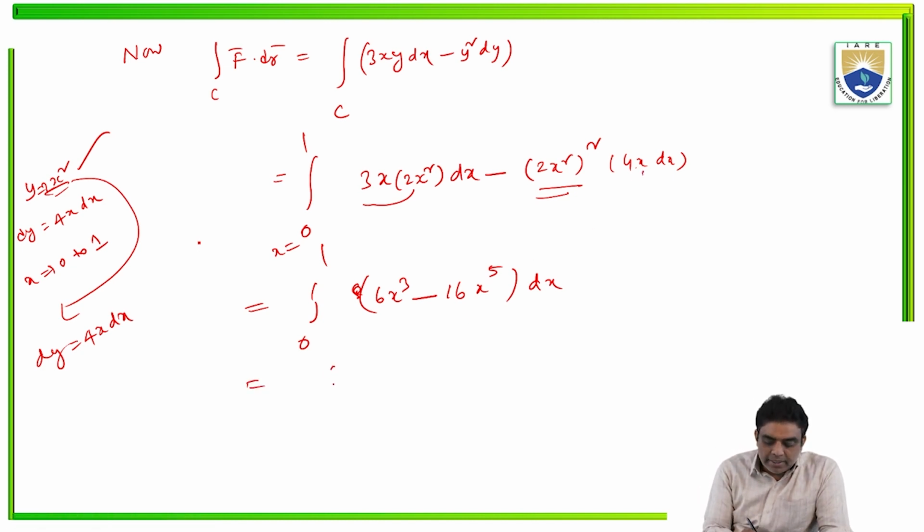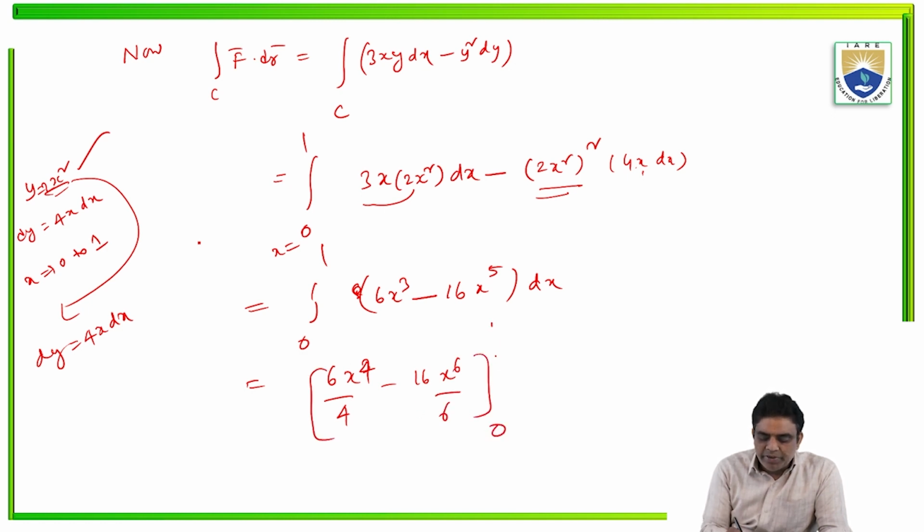On integrating, 6 into x power 4 by 4 minus 16 into x power 6 by 6 between 0 and 1. Substituting the limits gives 6 by 4 minus 16 by 6, and the lower limit terms are both 0.